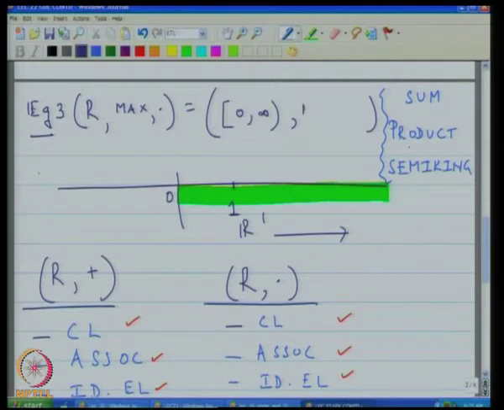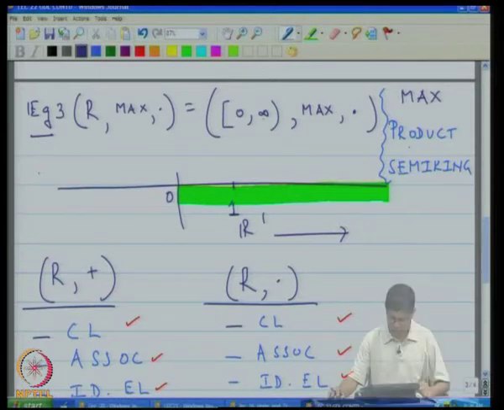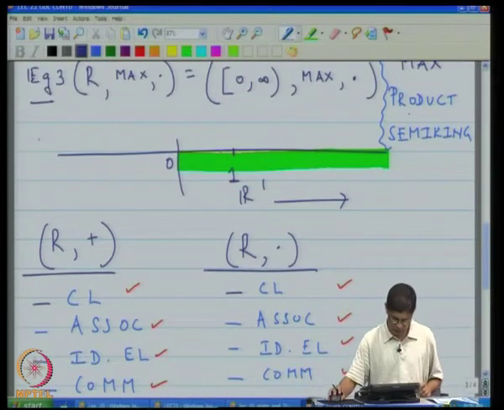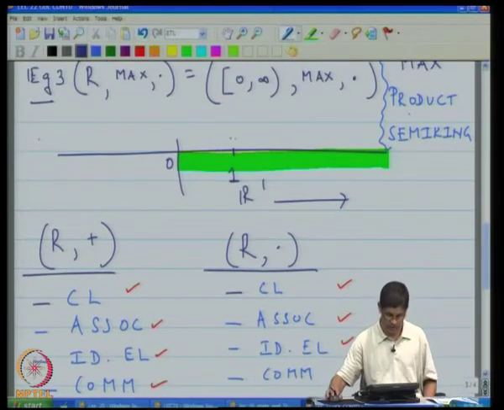So, we will put down max and we will put down product, and not surprisingly this semiring is called the max product semiring. Again the range is 0 to infinity, and we check to see if all the axioms are satisfied.